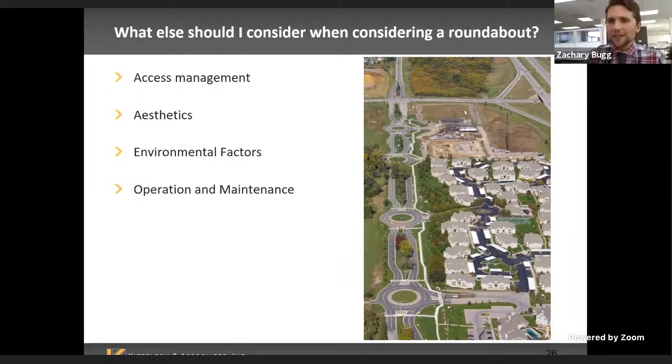You've got to go and retime it, right? You've got to collect data, and adjust the signal splits, maybe the signal phasing and the offsets. At a roundabout, you don't do any of that. You just let it run. So there's much less operations and maintenance involved, other than maybe some landscaping that you might need.